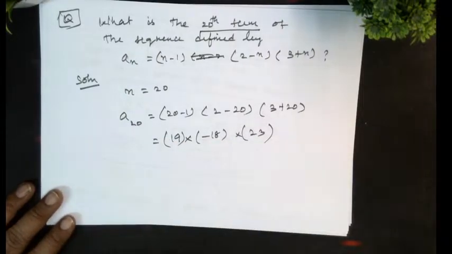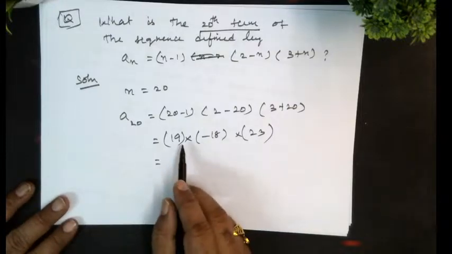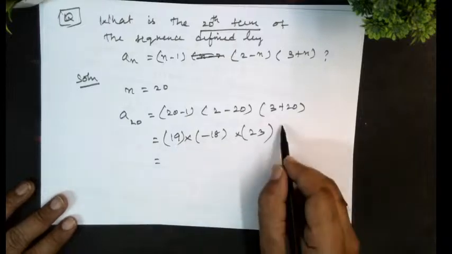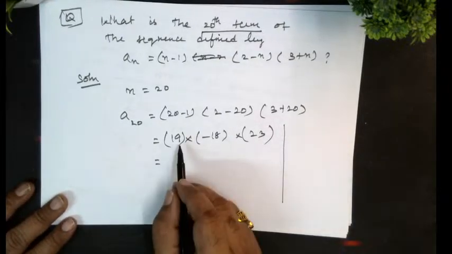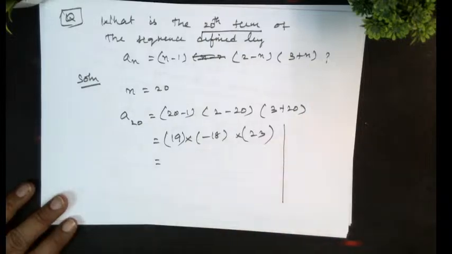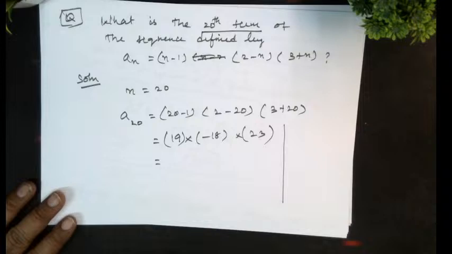Right. Therefore you can multiply this. What is that? 19 into 18 and multiply. You can multiply. Do it on the right side.